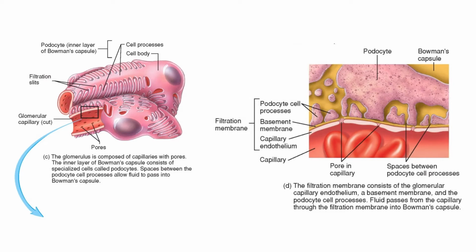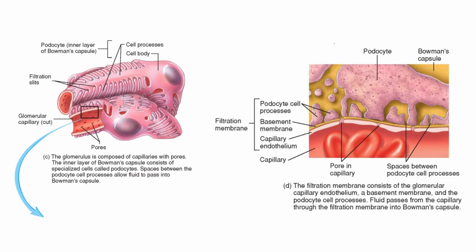This one, on the other end, is the distal convoluted tubule. Zooming in on your podocytes, the glomerulus is composed of capillaries with pores. Here you have smaller pores inside of it. In the layer of the Bowman's capsule, it consists of specialized cells, your podocytes. The spaces between the podocyte cell processes allow fluid to pass into the Bowman's capsule.